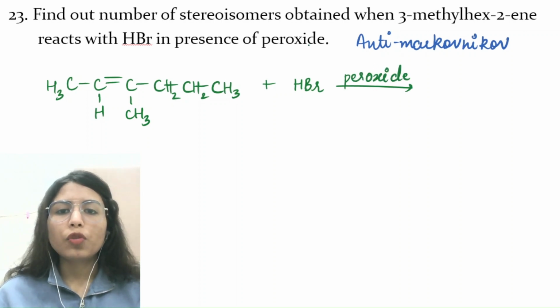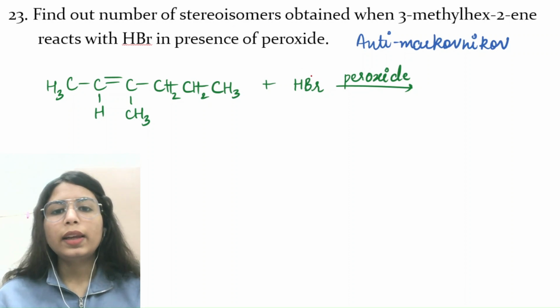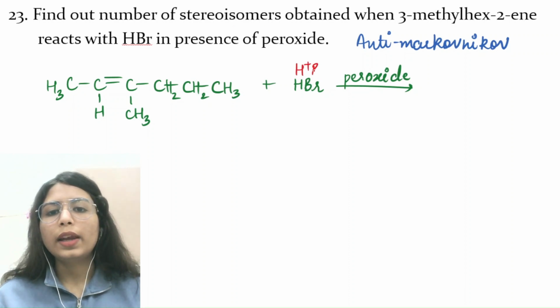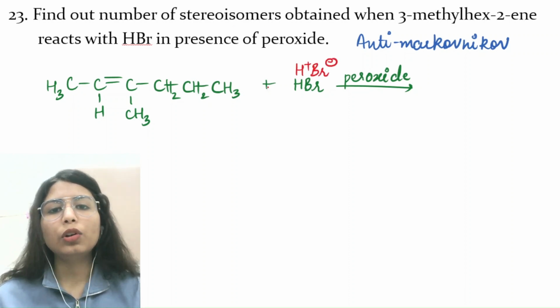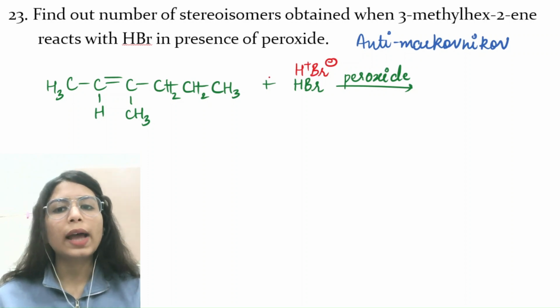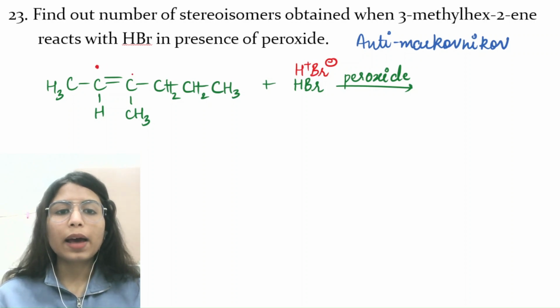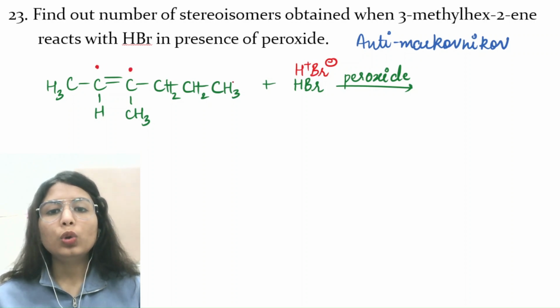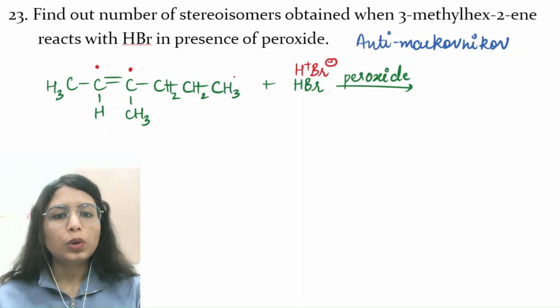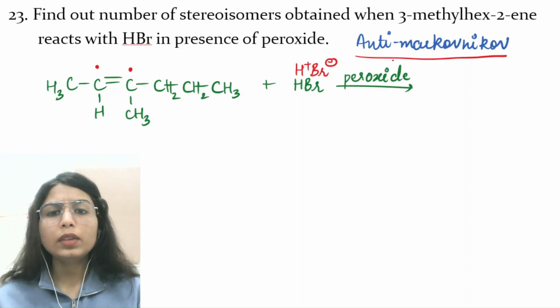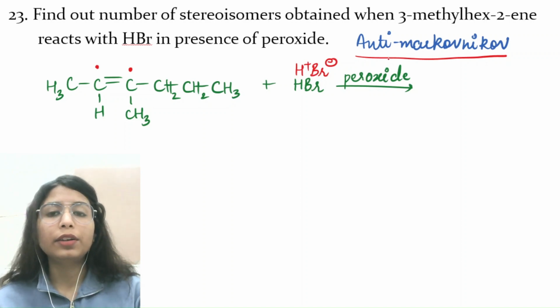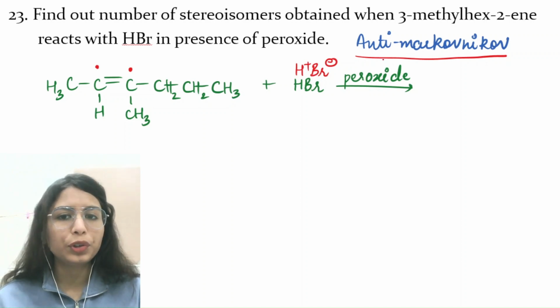In the presence of peroxide, what happens is the negative part of the attacking nucleophile gets attached to that carbon atom which contains more hydrogen atoms, right? Between this carbon and this carbon, to which one will Br negative attach, that is the question, and that is why I made the point that here we have to use the anti-Markovnikov rule.